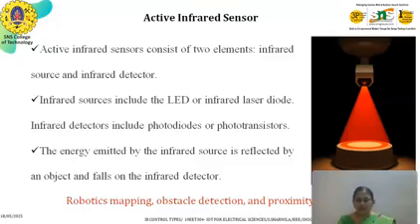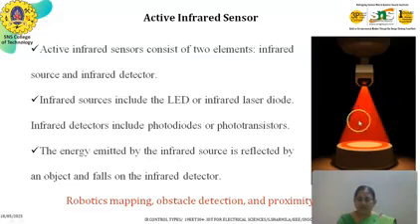The active infrared sensor consists of two elements. The first one is the infrared source and the other one is the infrared detector. The infrared source always includes an LED or an infrared laser diode, and the detector includes photodiodes or phototransistors.